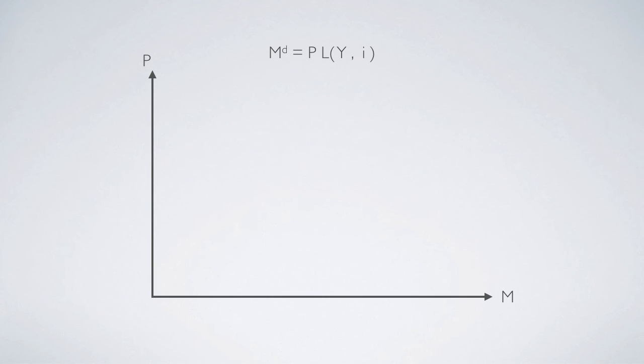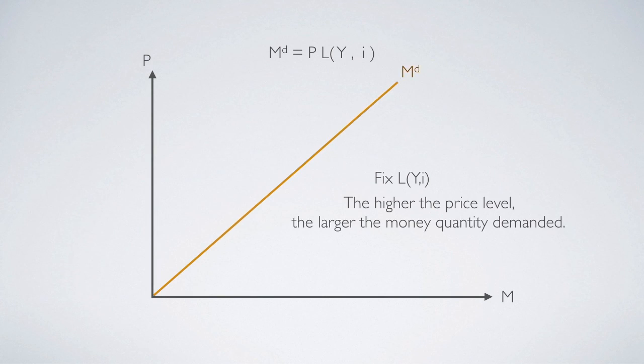Money demand is equal to the money that a household needs for transactions. The average money needed is equal to the price level times L. If we fix L, so you can assume L is a constant, then when the price level is higher, the MD value is larger, which means the quantity of money demanded is higher.